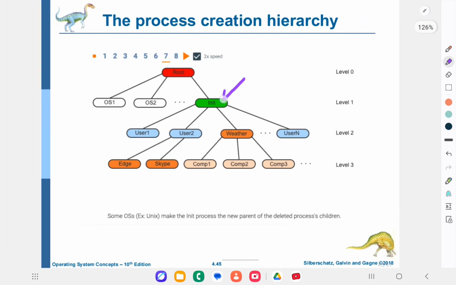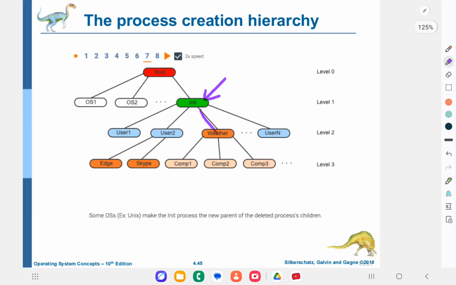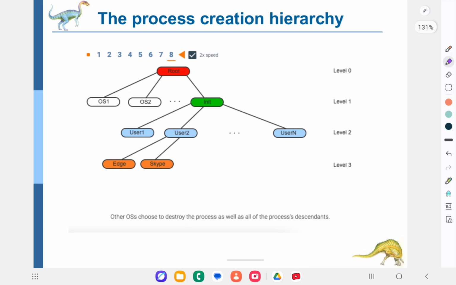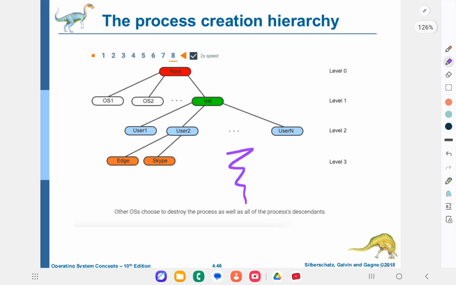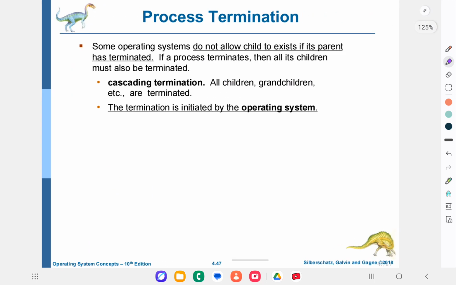Either the grandparent becomes the new parent of the processes that have remained with no parent after that user has logged off, or what is currently common in Linux is to completely destroy all the hierarchy, all the different children of a process once that process is terminated, and we call that cascading termination. That's what's really common in operating systems.